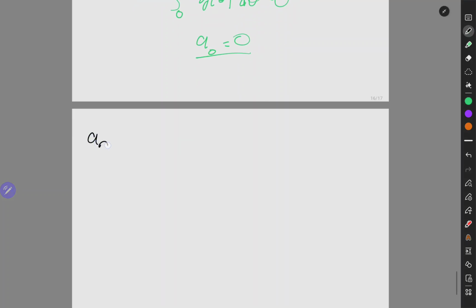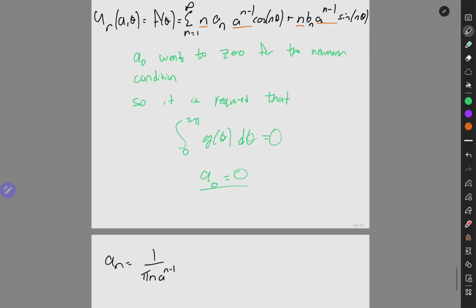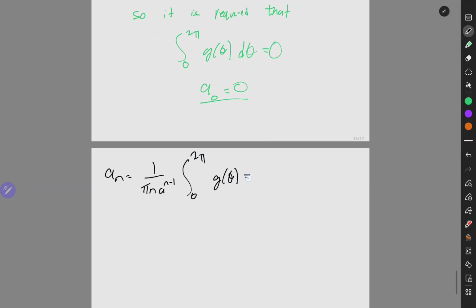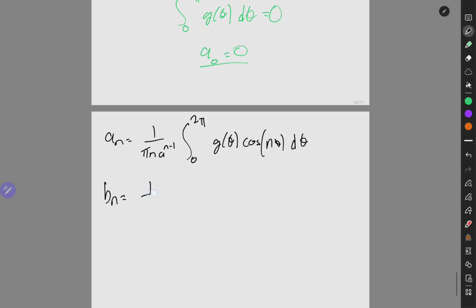We know a sub n: we divide by the extra terms. Pi is just half a period. Notice how I'm integrating over the full period, so that's why I'm not multiplying it by 2. Times cosine n theta d theta. B sub n is going to be the same integral.